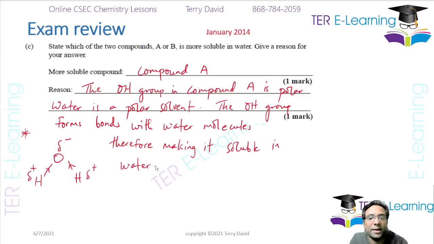Right? So this is what we have here. That's your answer. You need to say that the OH group is polar, right? And you need to say water is a polar solvent, and therefore the OH group is able to form bonds with the water molecules. Now this question has come many times in the exam, right? But this is the answer that you need to give in order to get the marks, right?